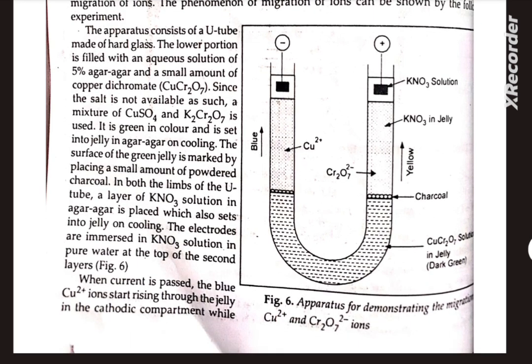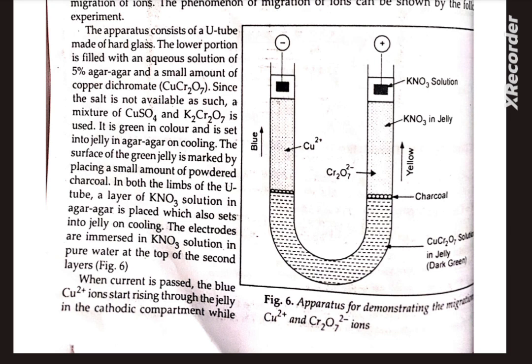The apparatus consists of a U-tube made of hard glass. The lower portion is filled with an aqueous solution of 5% agar and a small amount of copper dichromate. Since the salt is not available as such, a mixture of CuSO4 and K2Cr2O7 is used. It is green in color and sets into jelly in agar on cooling.